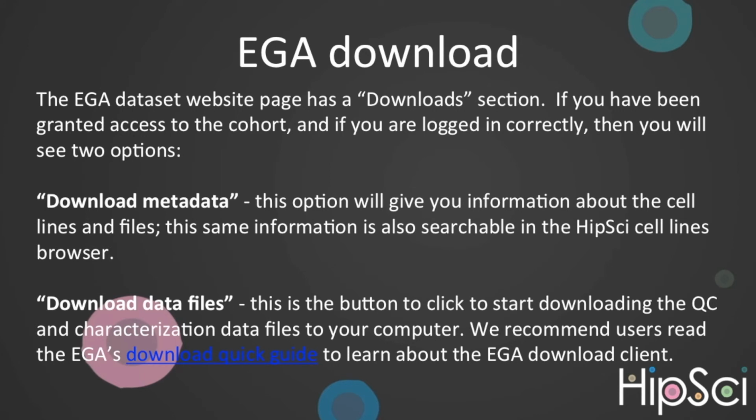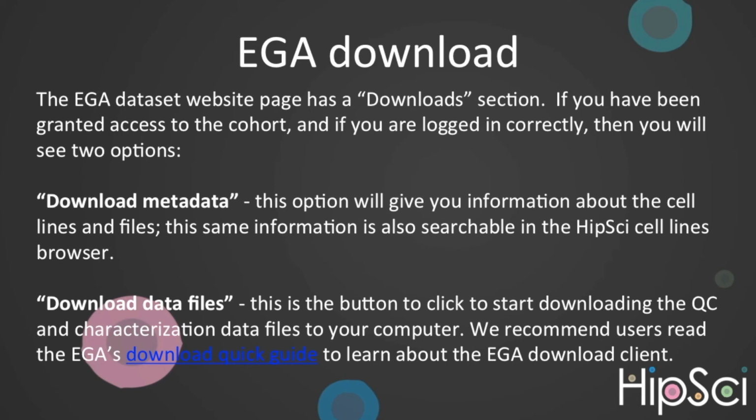The EGA dataset webpage has a download section. If you have been granted access to the cohort and if you are logged in correctly, then you will see 2 options. Download metadata, which is the option that will give you information about cell lines and files.